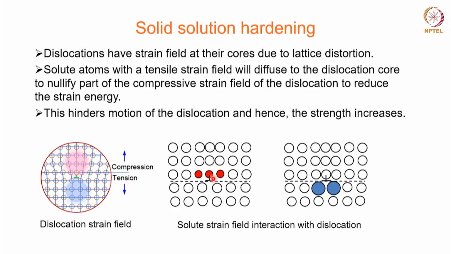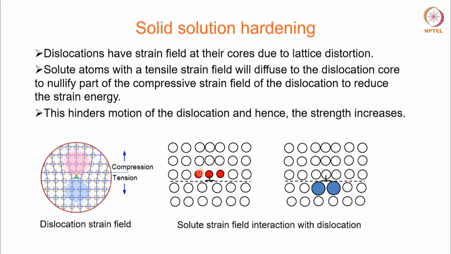The smaller solute atoms, which induce a tensile stress in the host lattice, will be attracted to the compressive field, right? And this will basically nullify part of the compressive strain field of the dislocation, which will ultimately reduce the strain energy, right?